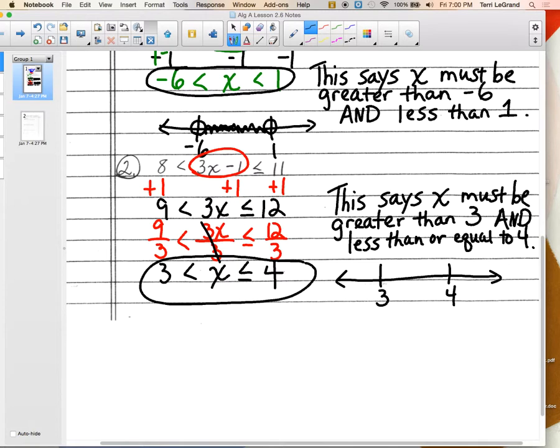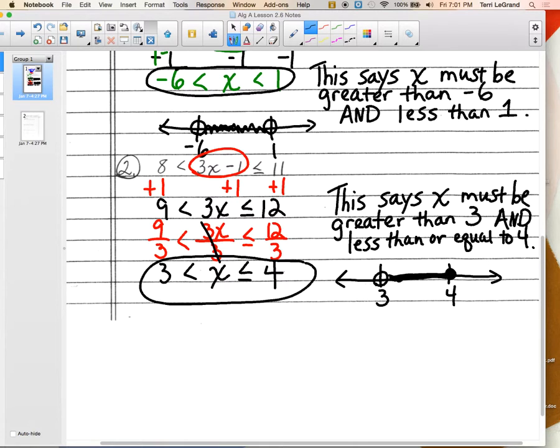So we have to find the numbers that satisfy both of those conditions. We need numbers greater than 3, so 3 can't be included, and less than or equal to 4. 4 can be included. So where are those numbers that are greater than 3 and at the same time less than or equal to 4? It looks like all these numbers in between.